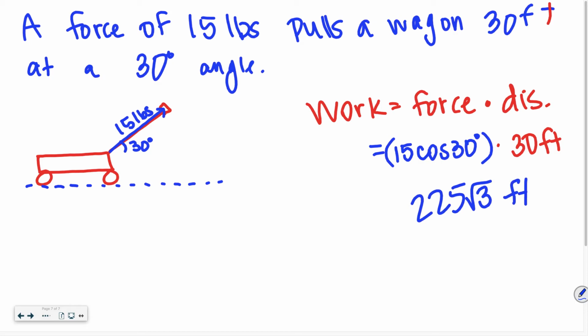And here we go. Talking about work, we're talking about the pounds. Oh, we did work earlier. Yes, we did work with integrals.